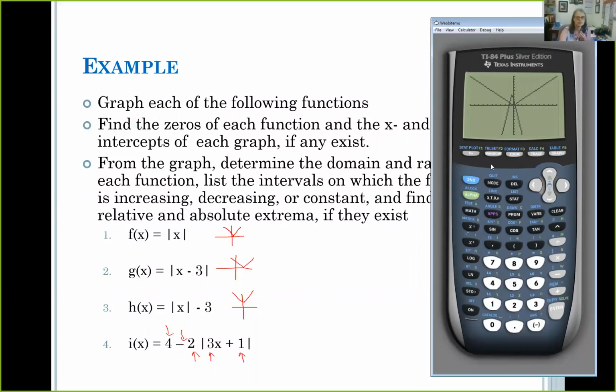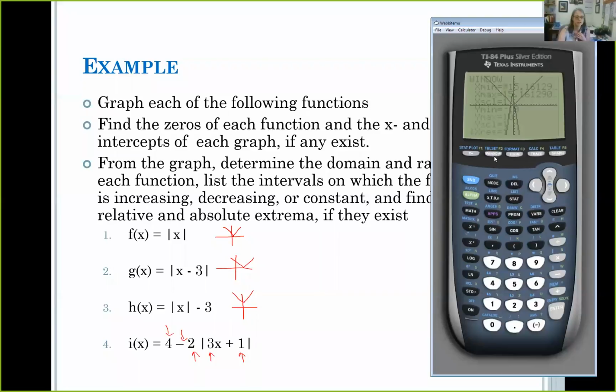So let's zoom in so that we can see. My zoom didn't work.